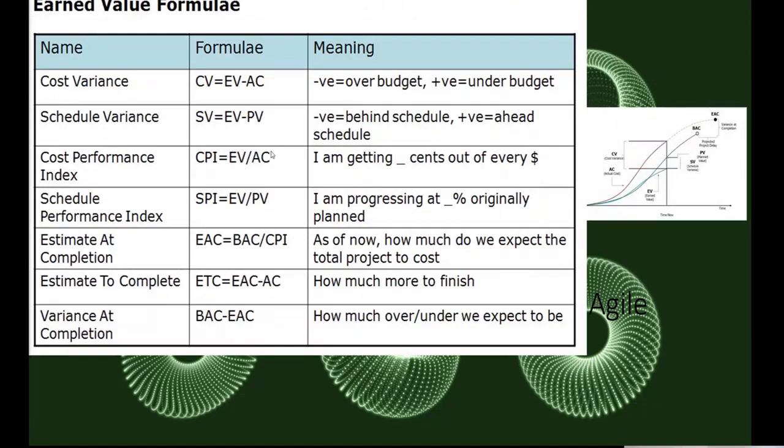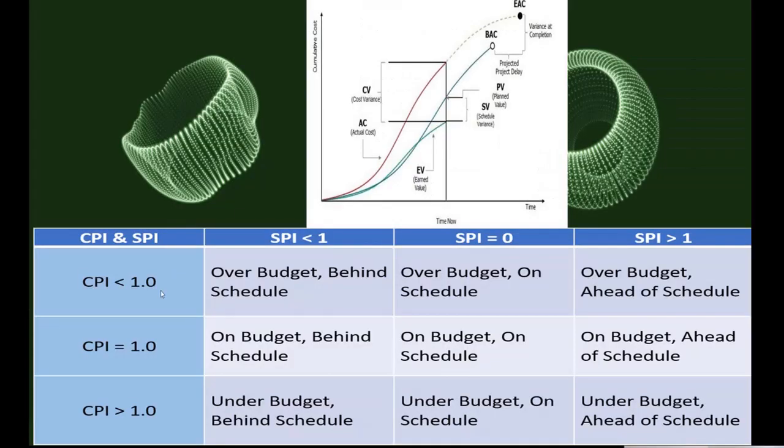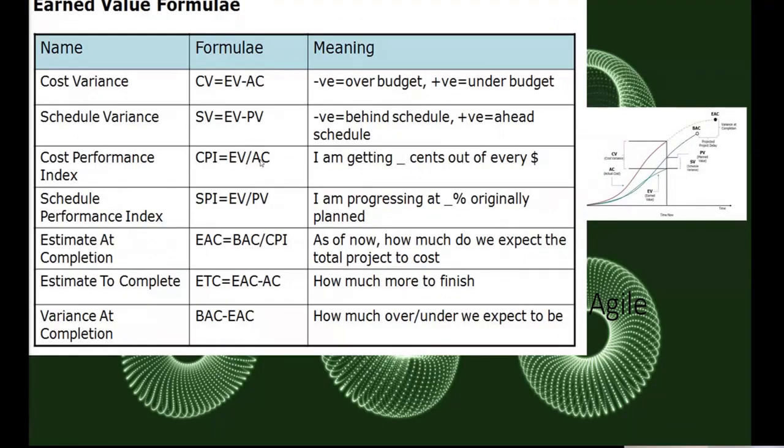So for example, if your actual cost increases, your CPI will be less than 1, right? If the actual cost goes up, then your CPI gets less than 1.